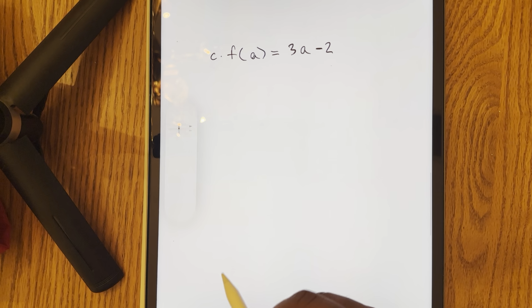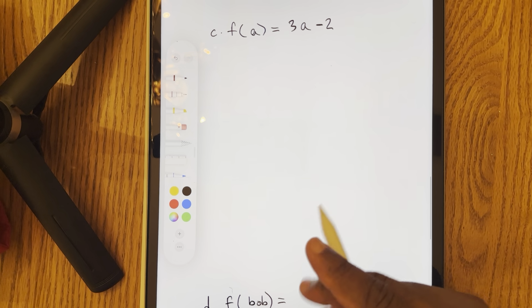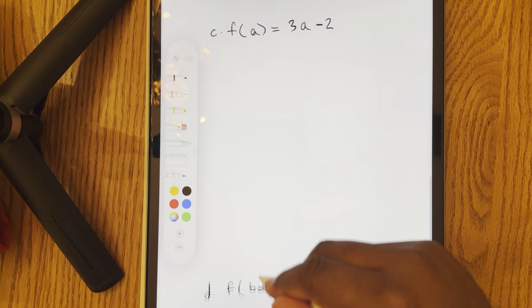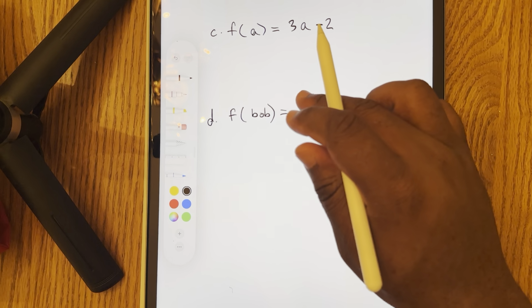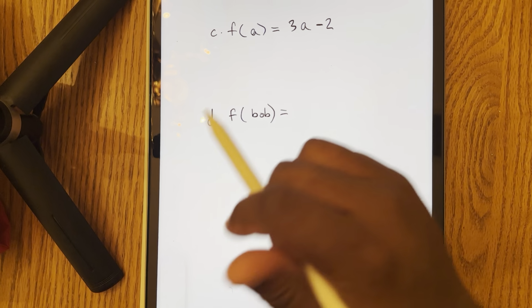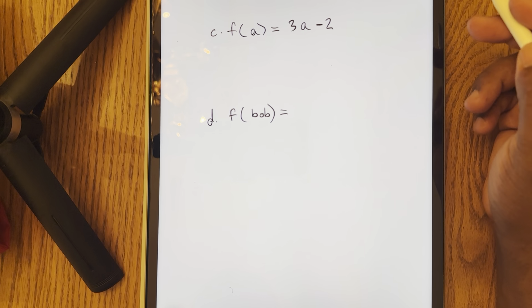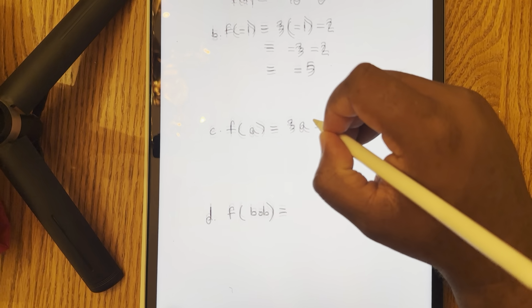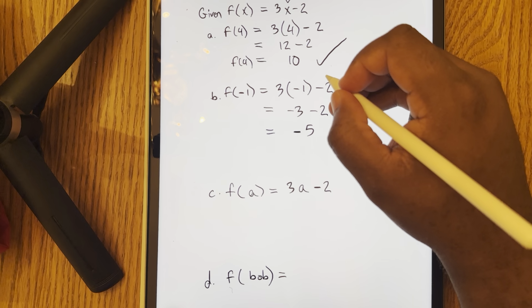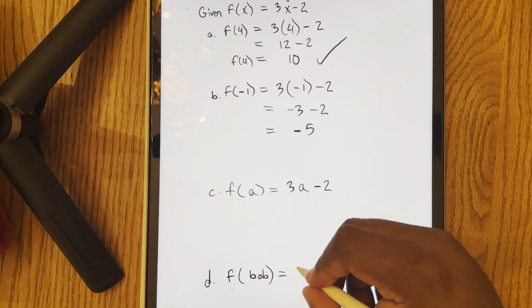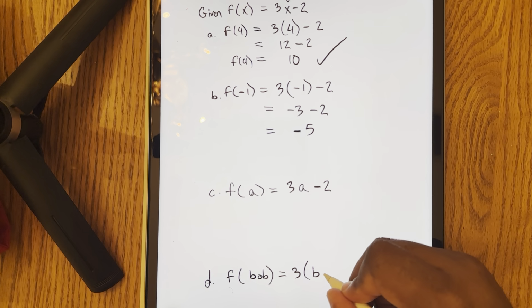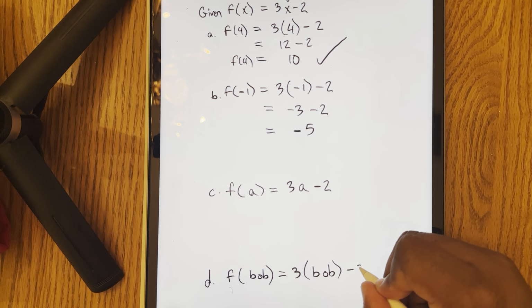And last but not least, I'm just trying to drill into you that whatever replaces the x is what you're substituting. So if someone said, what is f of Bob? Then my given is 3x minus 2. I would replace x with the word Bob, and I would have 3 times Bob minus 2.